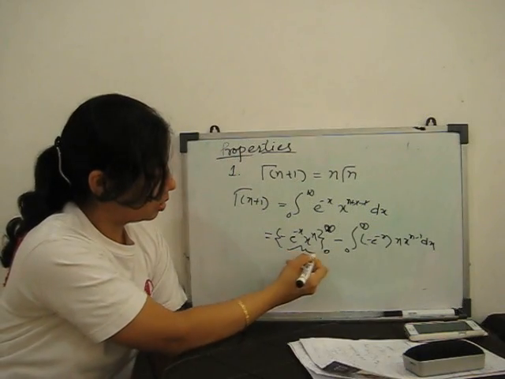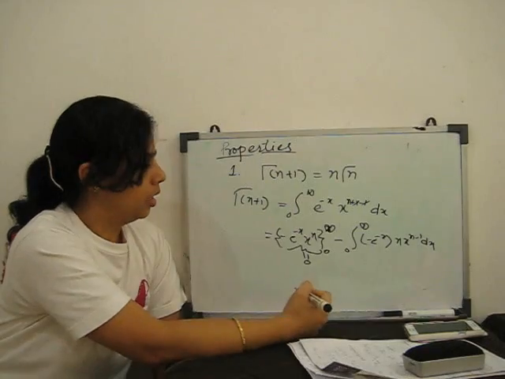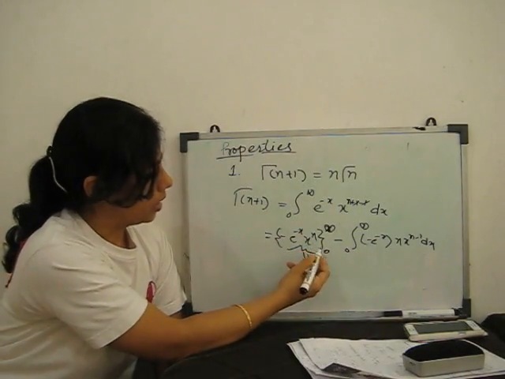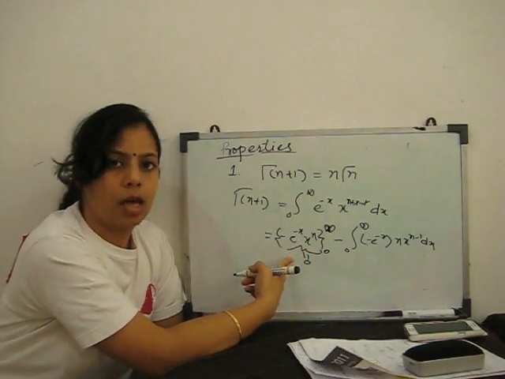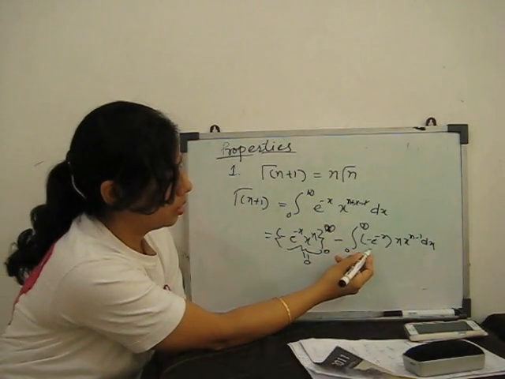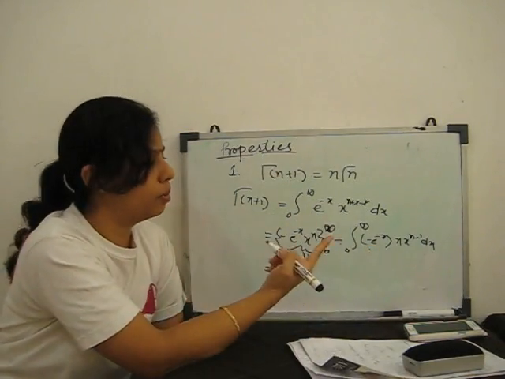The first term becomes 0 when we apply the limits 0 and infinity. So this term terminates, and minus and minus combine to be plus.